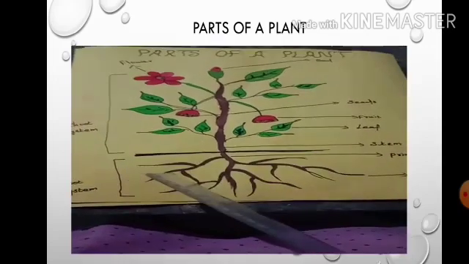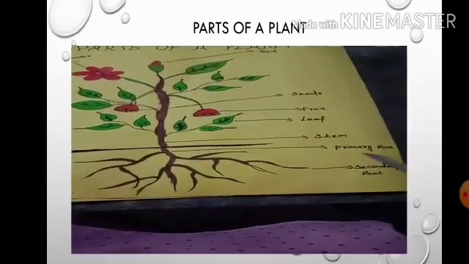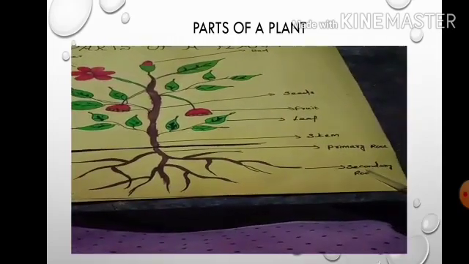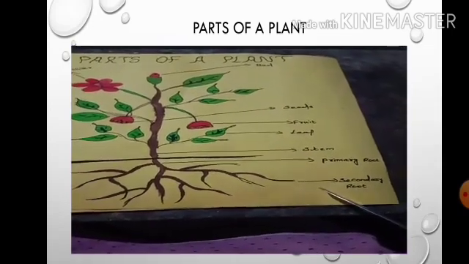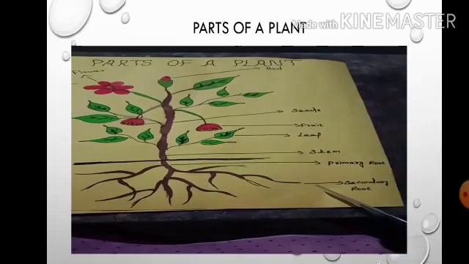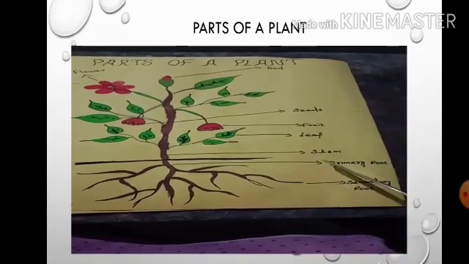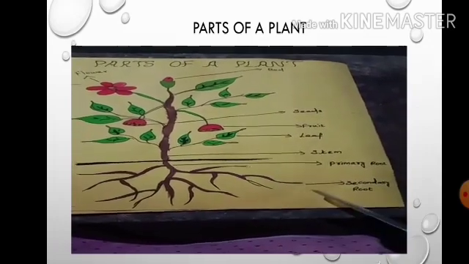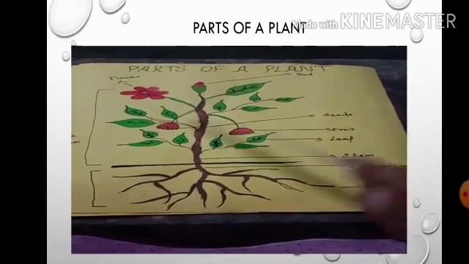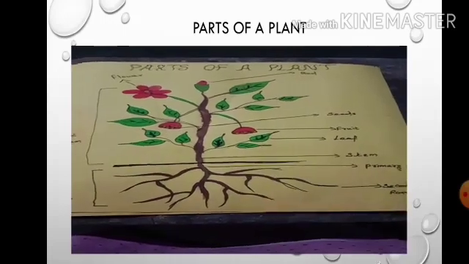Then inside the root system, only two kinds of roots are there: the primary root and the secondary root. These are all the parts of a plant.